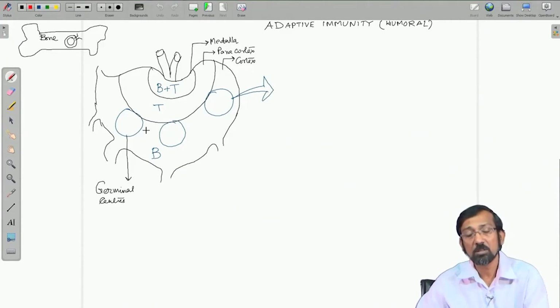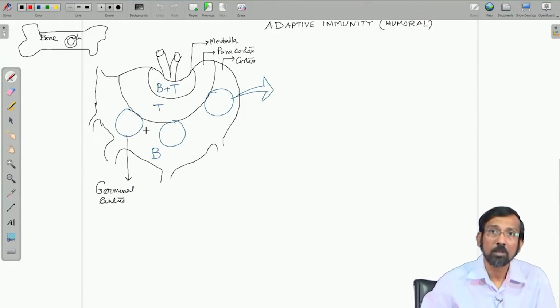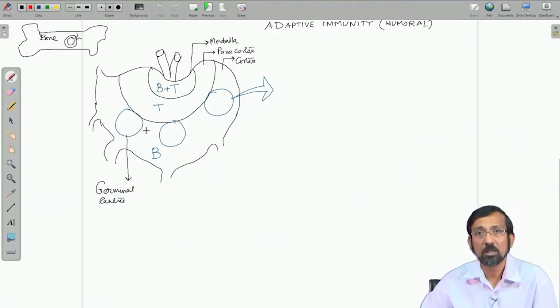Now, the antigens which are being presented by the antigen presenting cells, or the antigens that have reached this lymph node, will confront those B cells, and these mature B cells are already expressing IgMs on their surface.